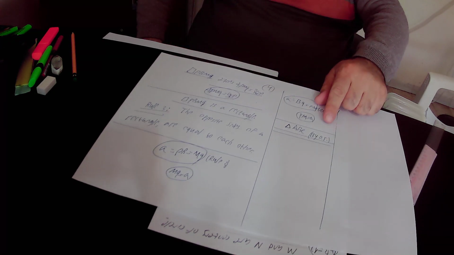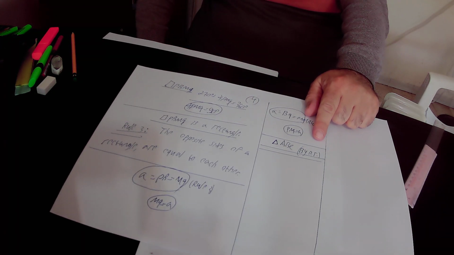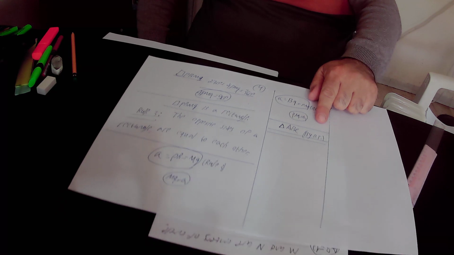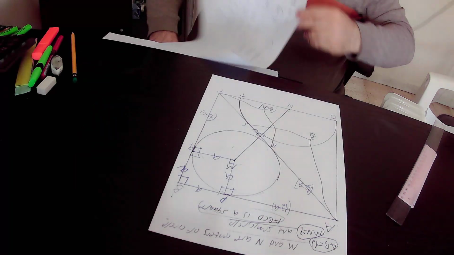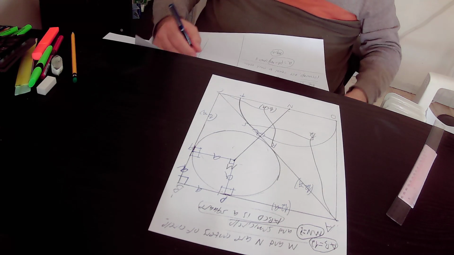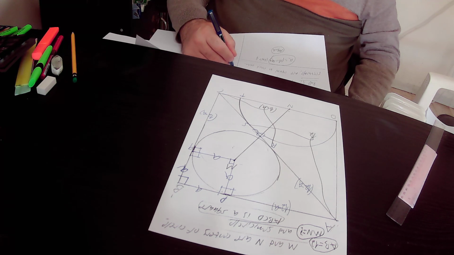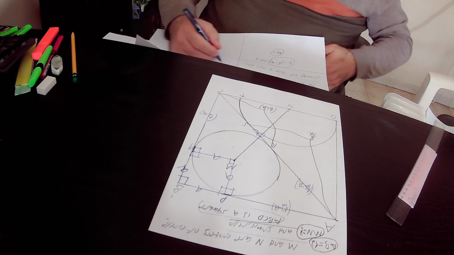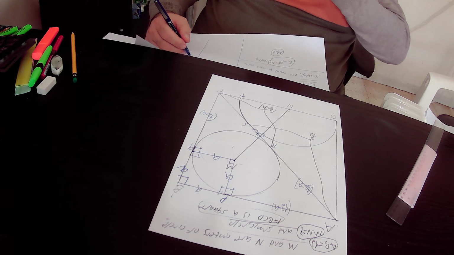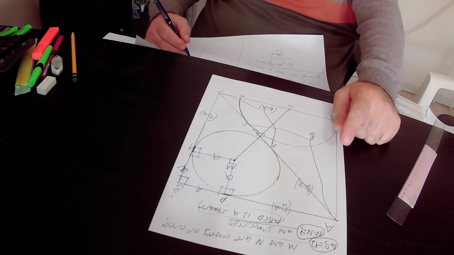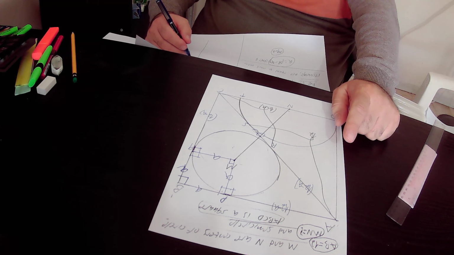According to the Pythagorean theorem, in the right triangle ABC, the square of the hypotenuse equals the sum of the squares of the perpendiculars.